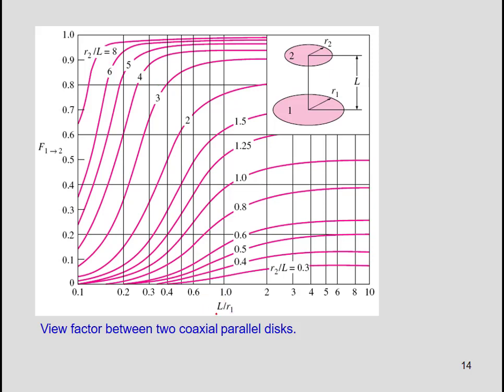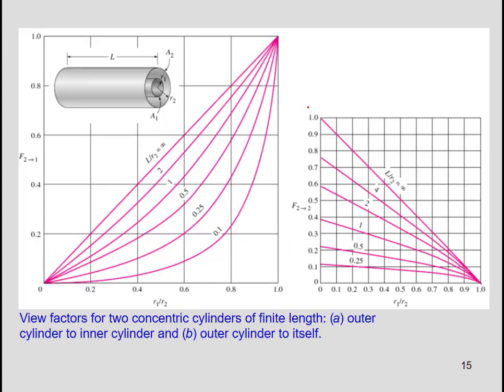The closer they are to each other, the higher this view factor is. Closer means bigger L, or a bigger ratio, or as R2 is increased, the view factor is increased. The bigger this one is, the higher the fraction of the radiation that will strike it from surface 1.